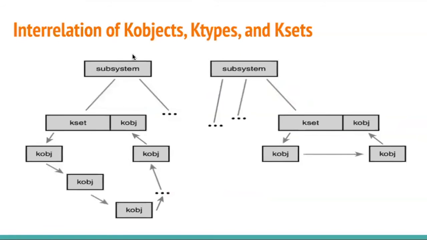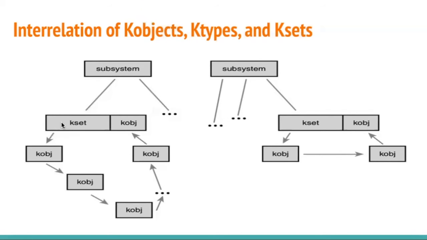So let's now picturize all these three structures. It is quite confusing because these structures are interrelated and part of each other. So let's picturize it in terms of the kernel. Kernel is built from different subsystems. Within that subsystem, we can have similar behavior devices.